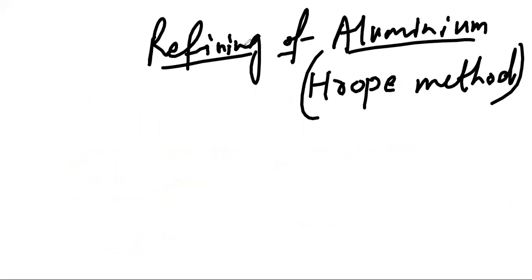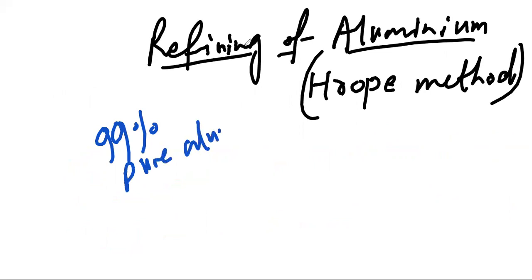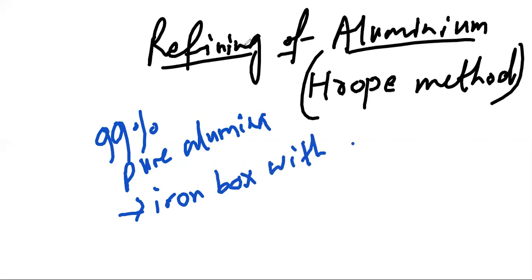What we'll do in refining: about 99% pure aluminium is further refined in an iron box. We are using an iron box with carbon at the bottom.